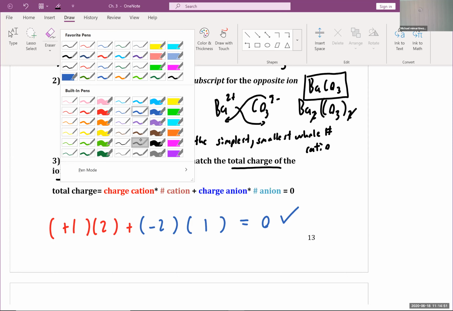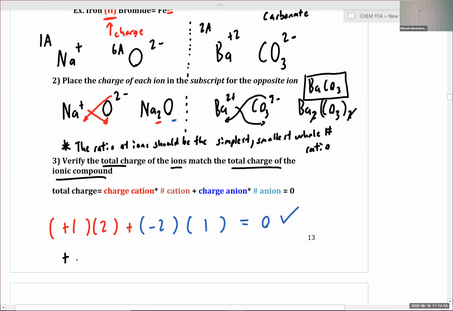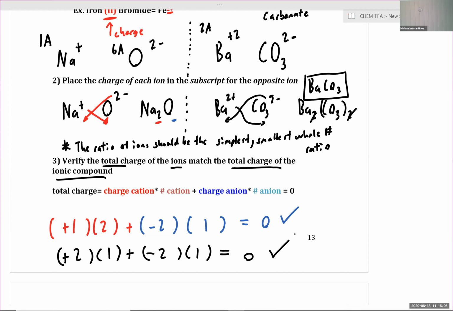We can also do the same process for barium carbonate, where we have +2 times 1 plus -2 times 1, and that also checks out to be 0. So our total charge of all of our ions matches the predicted total charge for our compound. Does this process make sense to everyone so far?